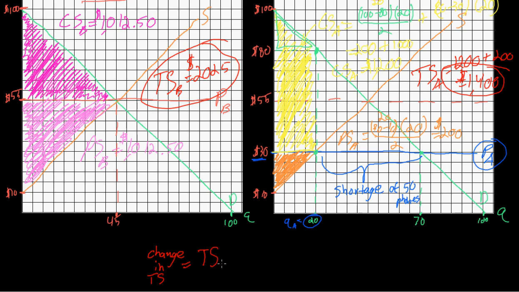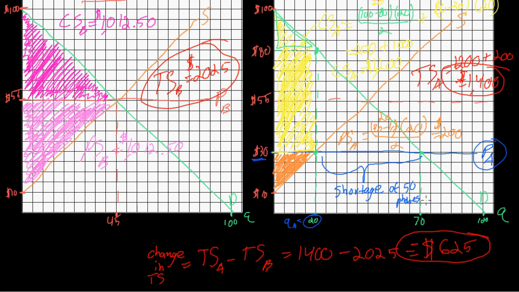So it's total surplus after minus total surplus before, which is just going to be 1400 minus 2025. So subtracting those, we get negative $625, meaning that society is worse off by $625 for this law.